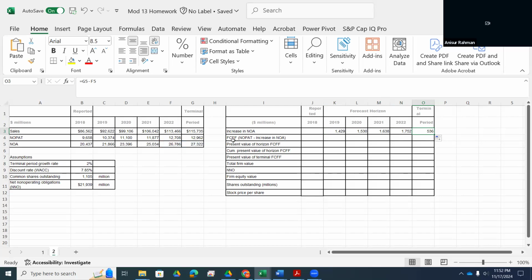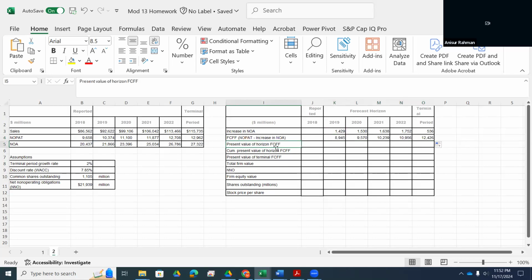So similarly now, free cash flow is NOPAT for 2019, which is given to us. So this is our NOPAT for 2019, minus increase in net operating assets, which is this. So hit enter, and as before, pull across.